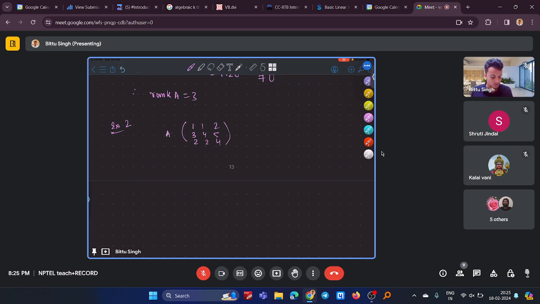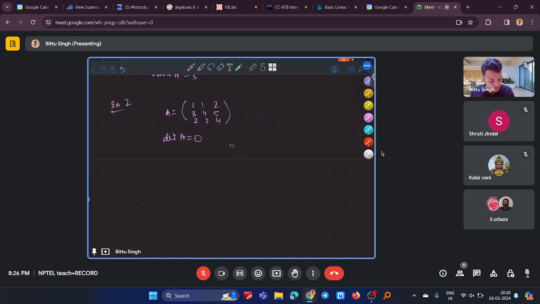Now you can see that the third row is 2 times the first row. Therefore, determinant A is 0. Hence, rank cannot be 3 because the 3 by 3 matrix itself has determinant 0. So now we can take smaller submatrices.